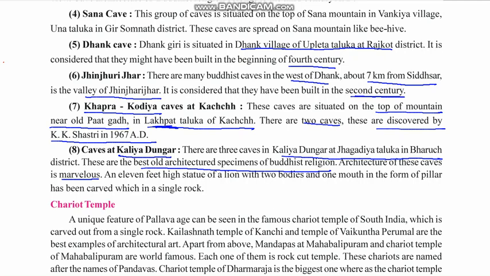An 11 feet high statue of a lion with two bodies and one mouth, in the form of a pillar, has been carved out of a single rock, and is considered one of the best specimens of carving in ancient times.